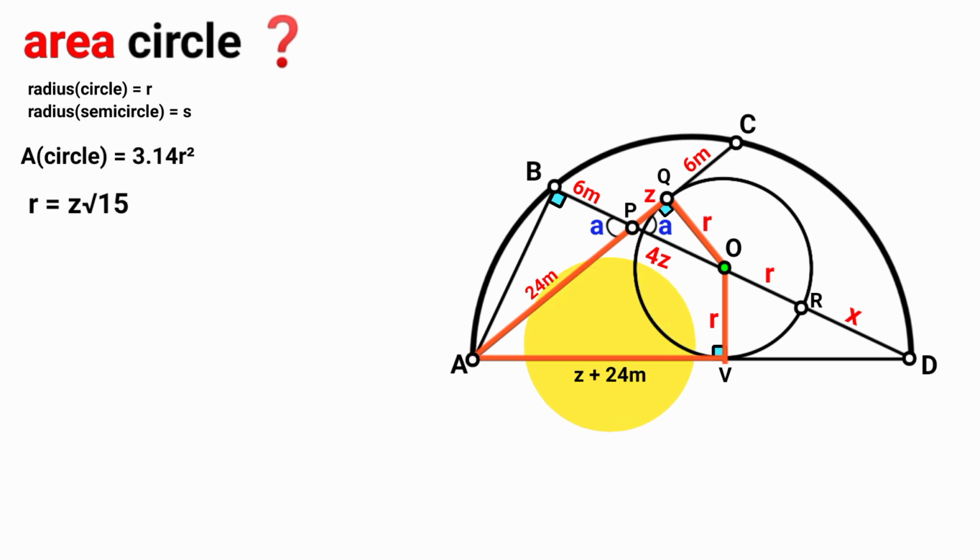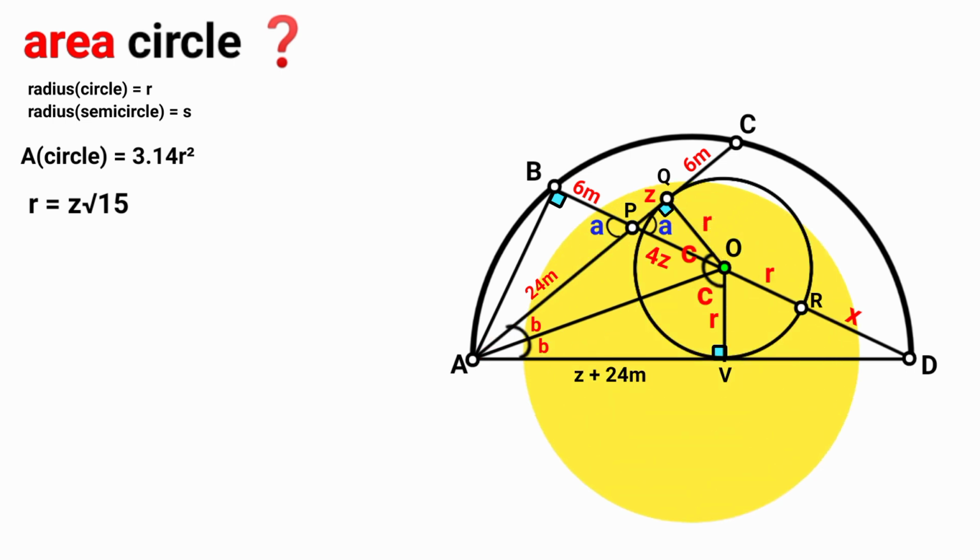Now another property of a kite is that the long diagonal bisects the angles it touches. So this angle and this angle are bisected. If we assume the size of this angle to be b, this must also be b. And if this is c, this must also be c. Let's now look at this triangle ADP.